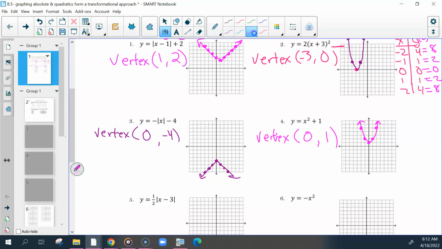So if you know those parent functions, the original where they should be, moving it from the vertex should be easy.